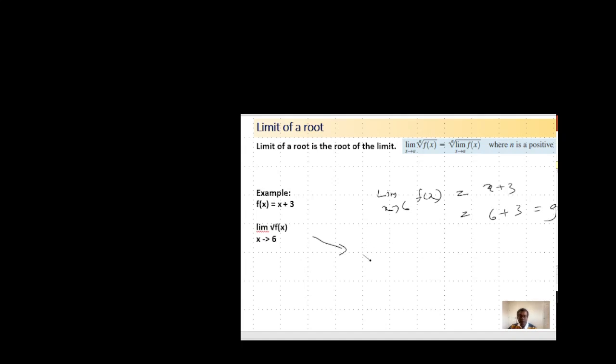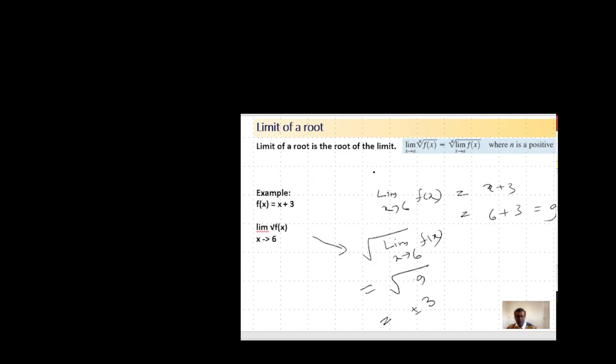This is the same as taking the root of the limit as x approaches 6 of f(x), equal to what we calculated, 9. So this will be 3, and we can say plus or minus, both values are possible.